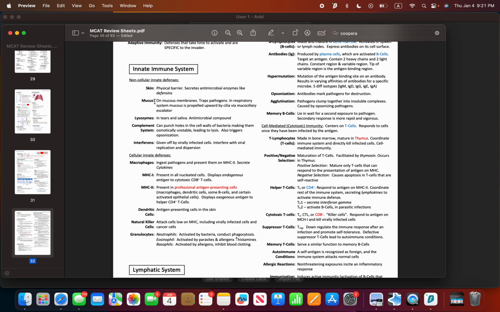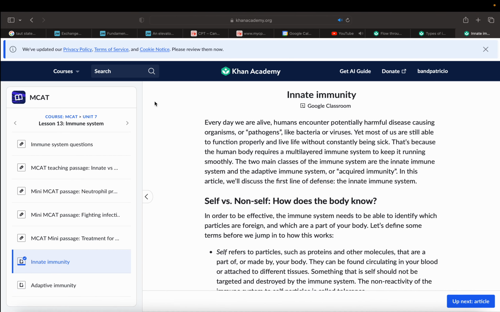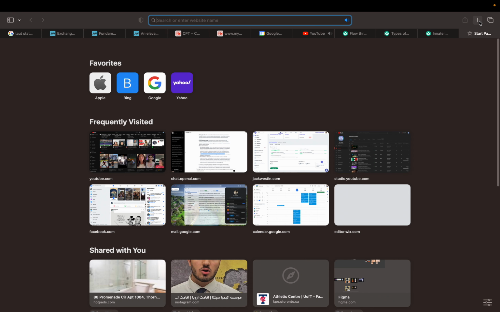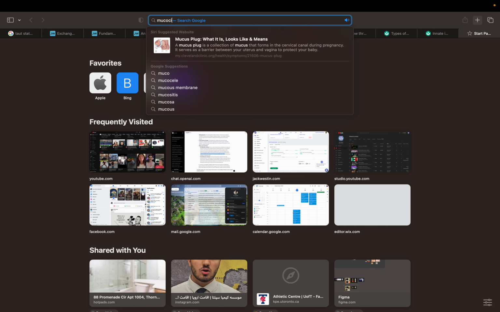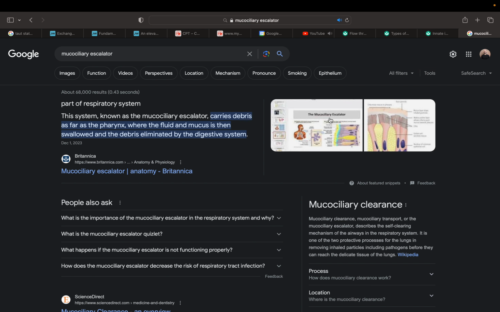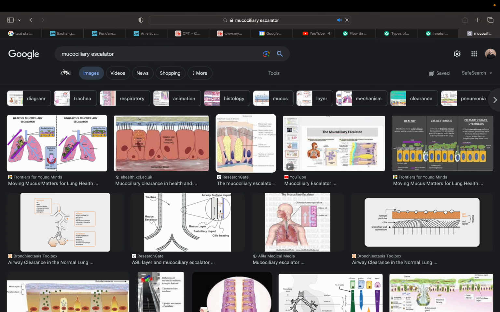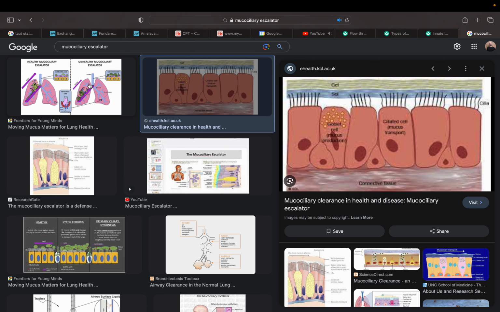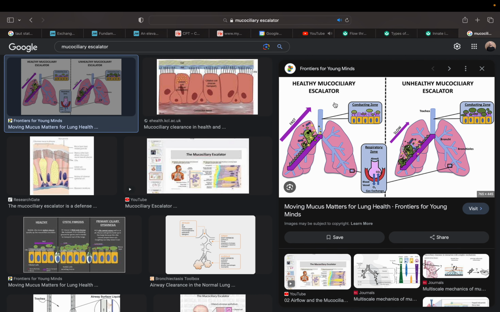We can definitely take a look at its pictures. Mucociliary escalator. So this is a healthy mucociliary escalator.